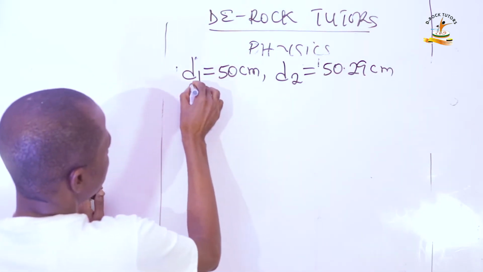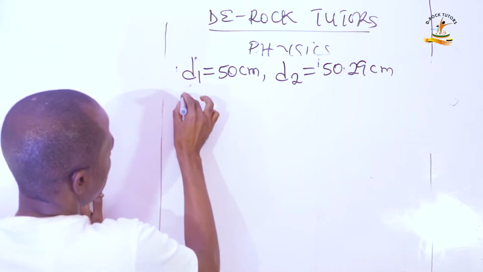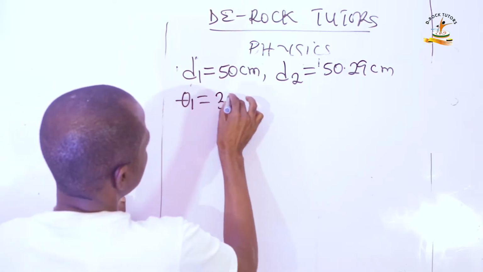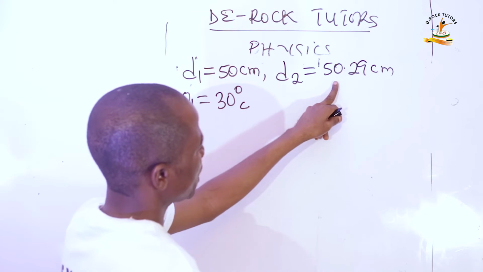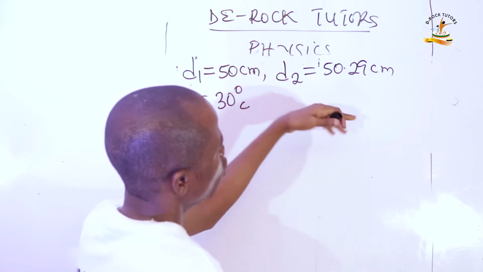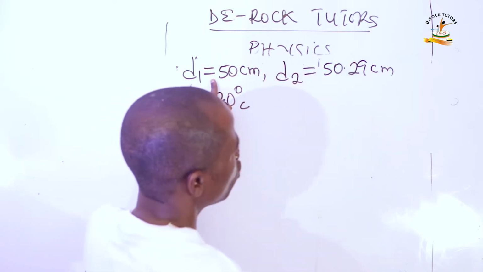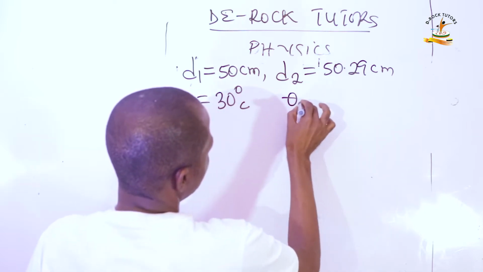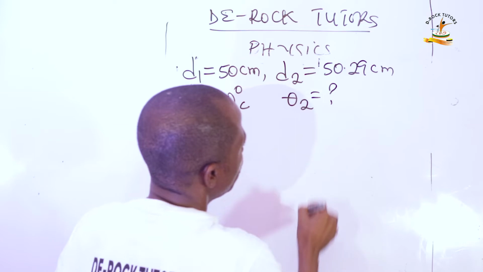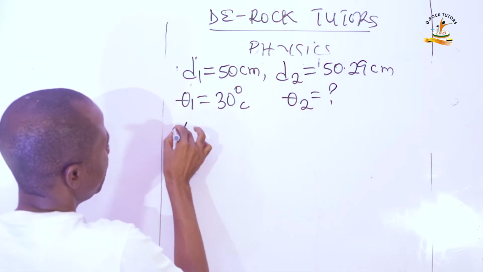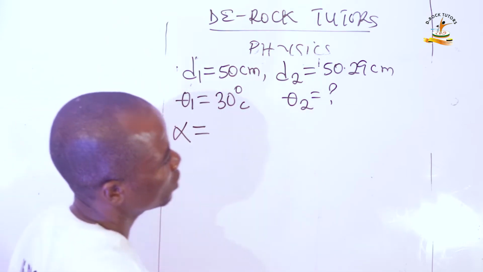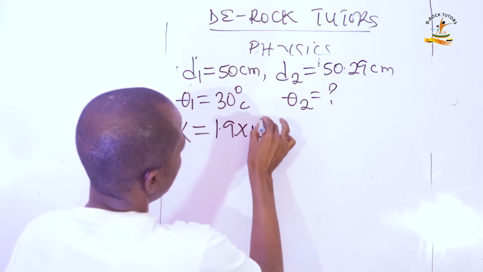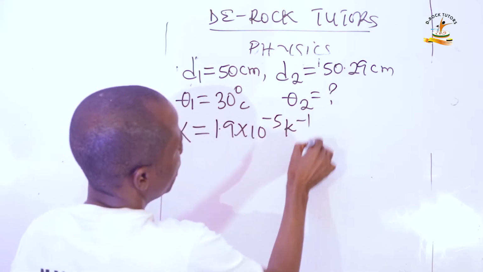The initial temperature, when the diameter is D1, that's theta 1, is given as 30 degrees Celsius. Then we are asked to what temperature must this ring be heated so that the diameter increases to this. That's theta 2. We don't know that, it is unknown. And we know our linear expansivity, which is alpha, for brass, 1.9 times 10 to the power minus 5 per Kelvin.